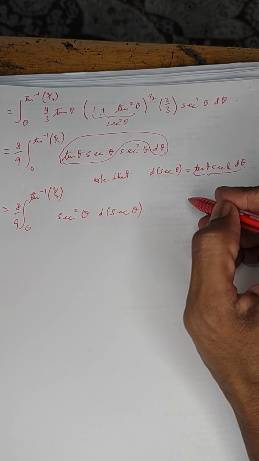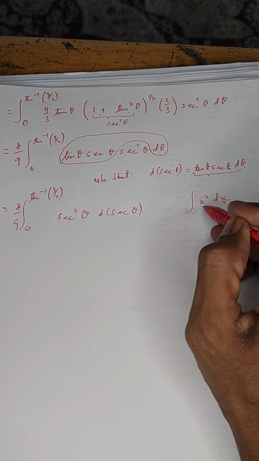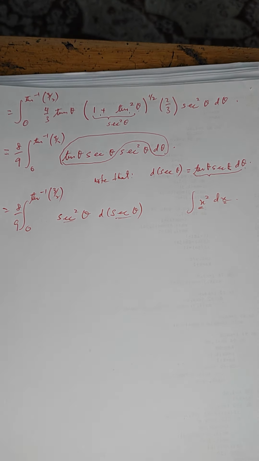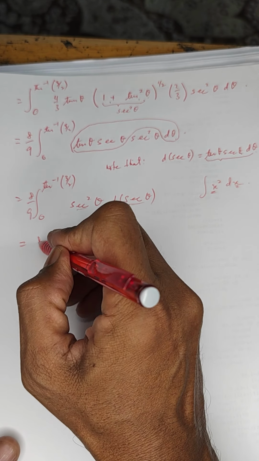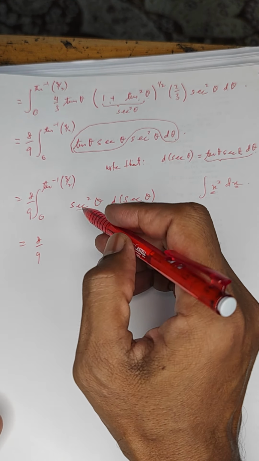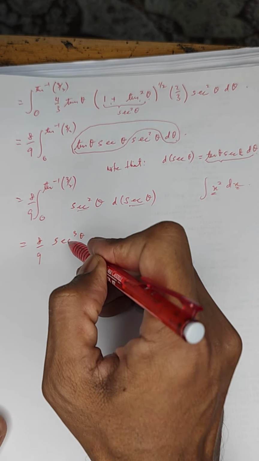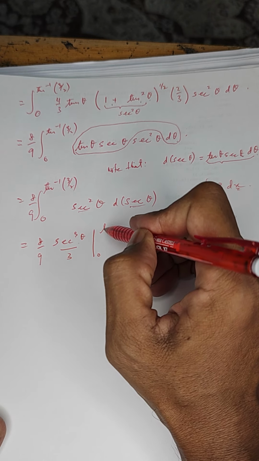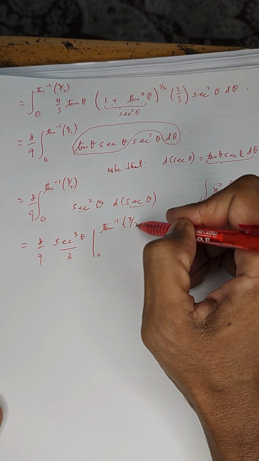It's the same as integrating x squared dx, where x is a variable. So we have 8/9 times secant cubed theta over 3, from 0 to inverse tangent 3/2.